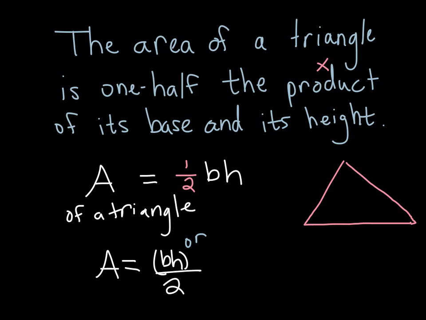One final thing to think about as you're getting to know this formula is that when we look at the triangle, it's a little hard sometimes to determine which is the base, because any of the three sides could technically be considered the base. But whichever way you decide to look at the triangle or turn it, what you will need to keep in mind is that the height would have to be perpendicular, so it would have to go from one of the corners and go straight across and form a right angle.